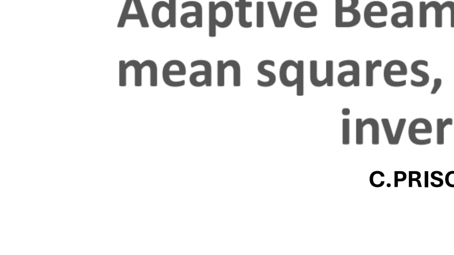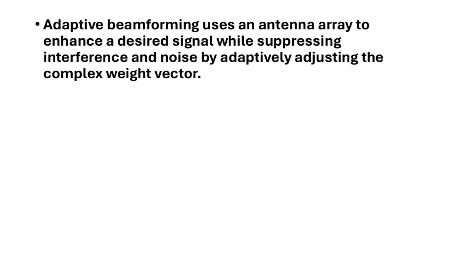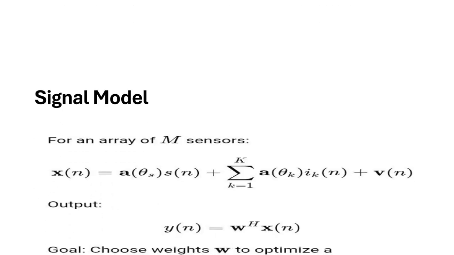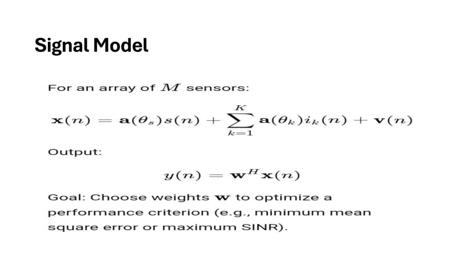Now the next part is how to adjust the weight vector. For that, we need to know the signal model. For an array of M sensors, we have a of theta s times s of n, plus the summation of k equal to 1 to K of a of theta k times i k of n, plus v of n.